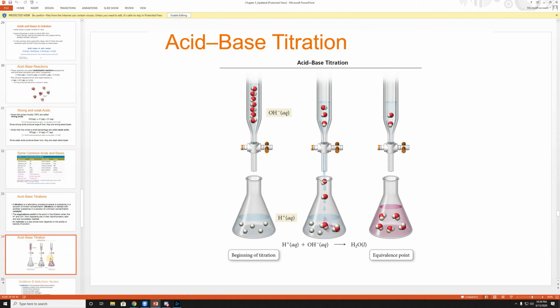Know that from the homework, I think you had a couple problems on this, where you calculate the concentration of acid or even concentration of base required to neutralize a known amount of the other one.